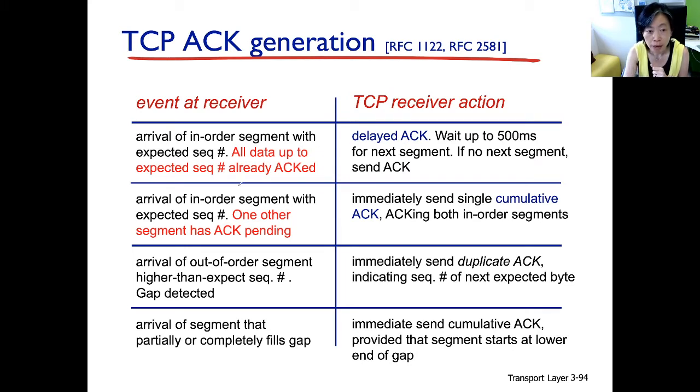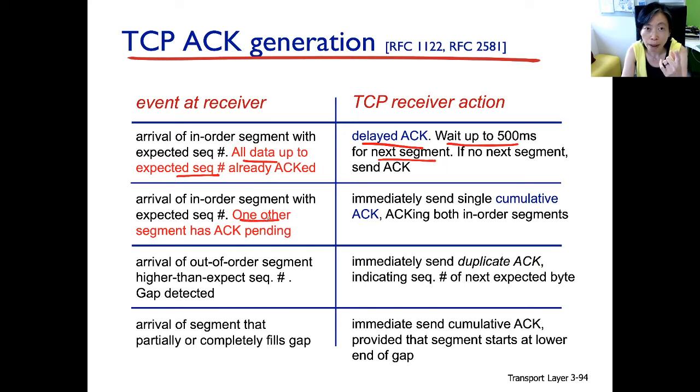So, if all data up to the expected sequence number have already been ACKed, we delay sending of this ACK. So let's wait for the next segment. When the next segment arrives, then we send the ACK. Otherwise, let's just wait for 500 milliseconds. When this 500 milliseconds expires, we have no choice but to send the ACK for this data. So you see here, this is the other condition.